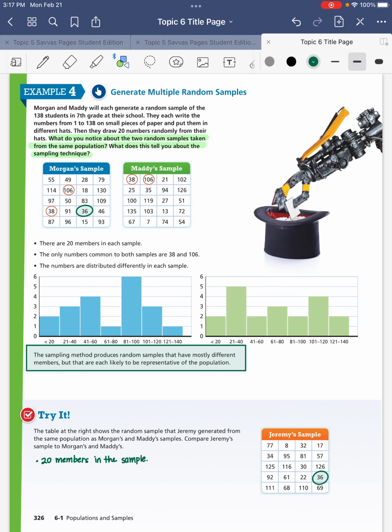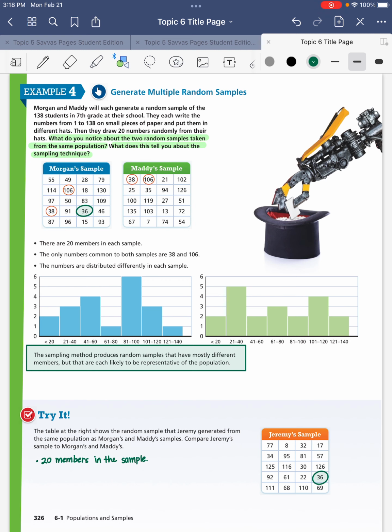106, 35, and 119 does not appear. 103, 7, and 21 does not appear. 94, 27, and 13, I don't see that either. 74, 102, 126.